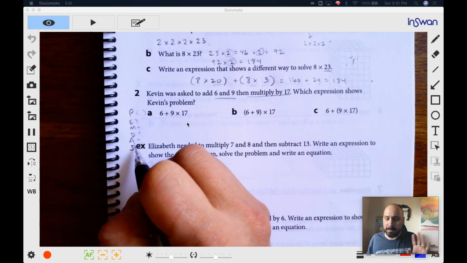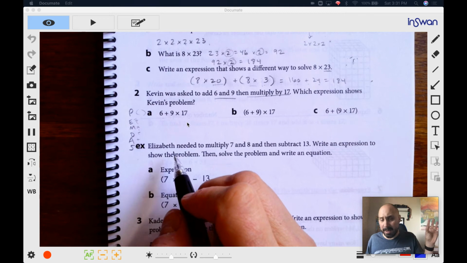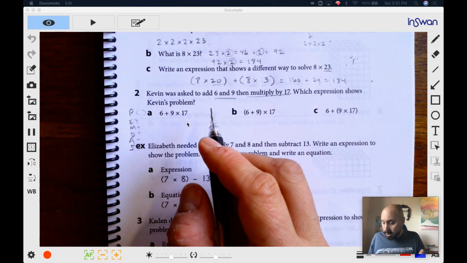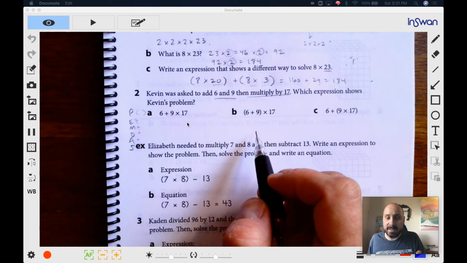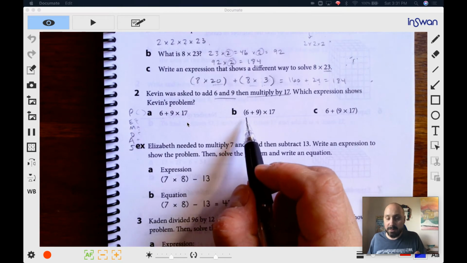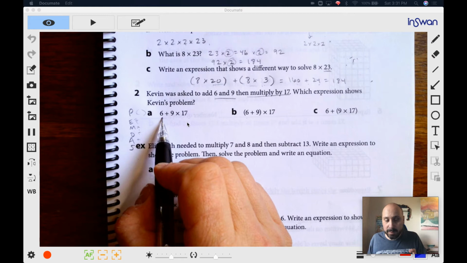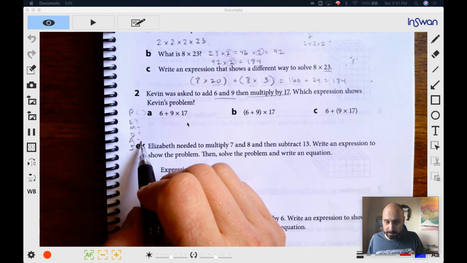We're going to learn all about order of operations later on. But what you need to know is in a story problem, or in a number sentence like this, you always do the parentheses first. And if there's no parentheses like in A, then you do the multiplication or division before you do the addition.